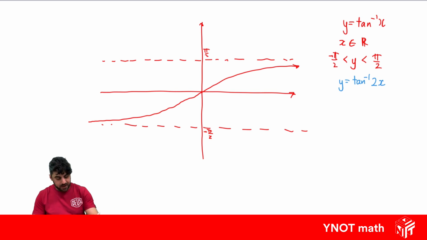So we're going to have something like this for inverse tan of 2x.